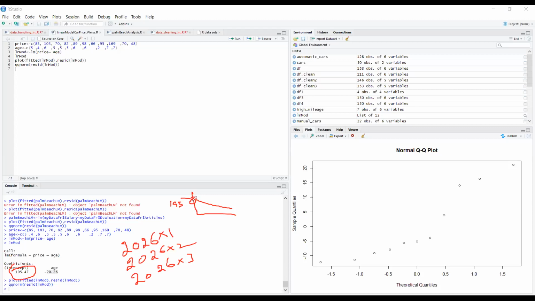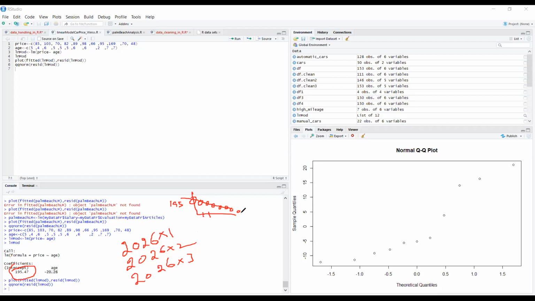If you sell a 1-year-old car, the price is reduced, so there is a decline in price. How much will the price decline? 2026. If a 2-year-old car is sold, the decline is 2026 multiplied by 2. So year by year the price is going down.